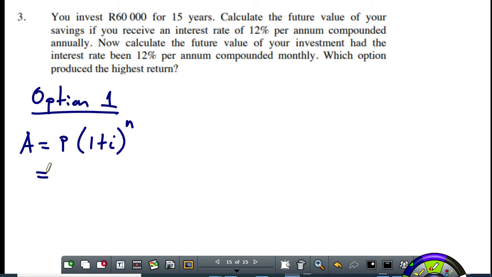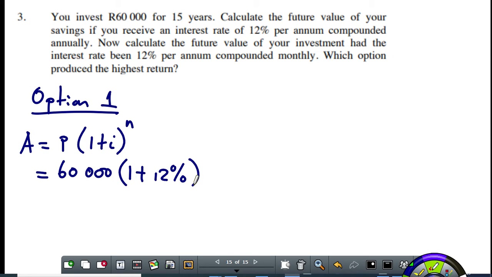P is 60,000. Then we have 1 plus I. Since it's annually, we just put 12%. Remember, your calculator can convert 12% to a decimal.